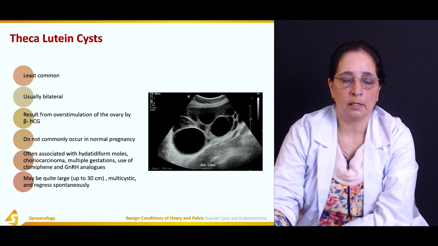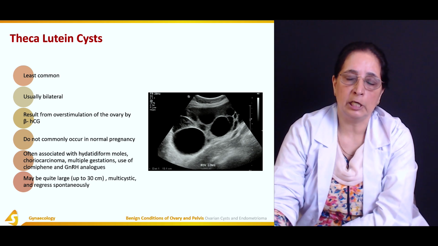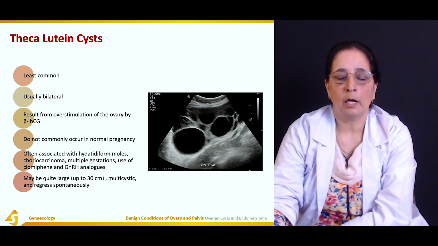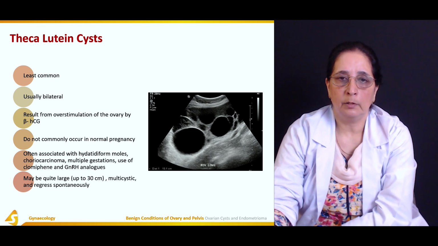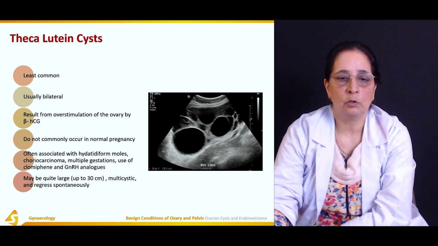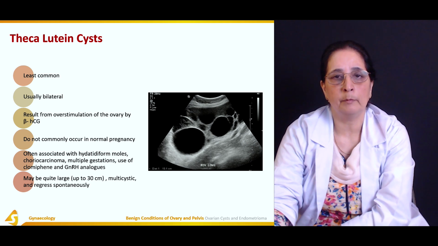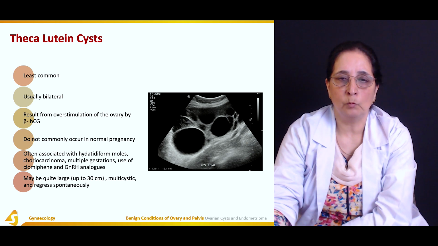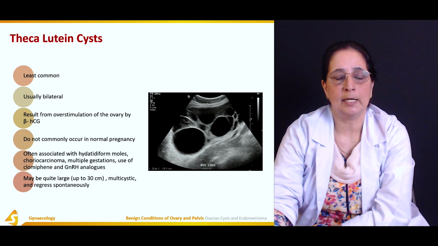If there is an increase in level of HCG due to some condition like hydatidiform mole, multiple gestation, usually it can cause theca lutein cyst. So common causes of increased HCG can be normal pregnancy, molar pregnancy, choriocarcinoma, multiple pregnancy.